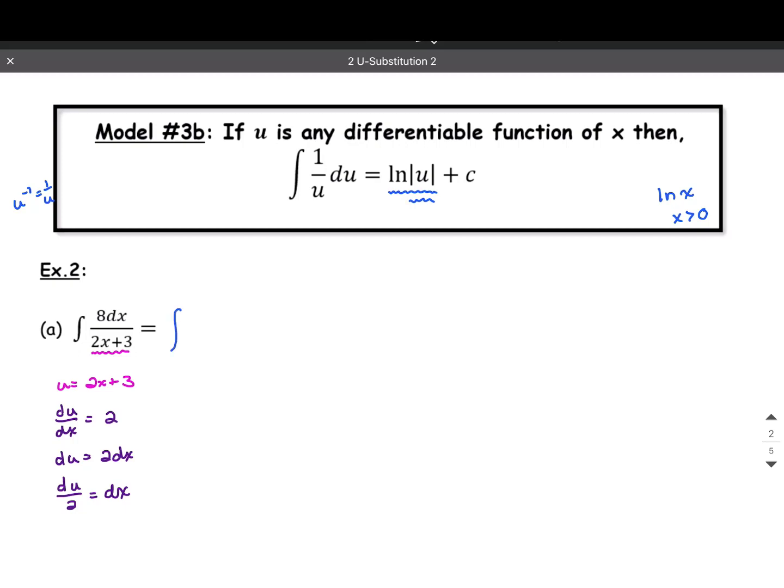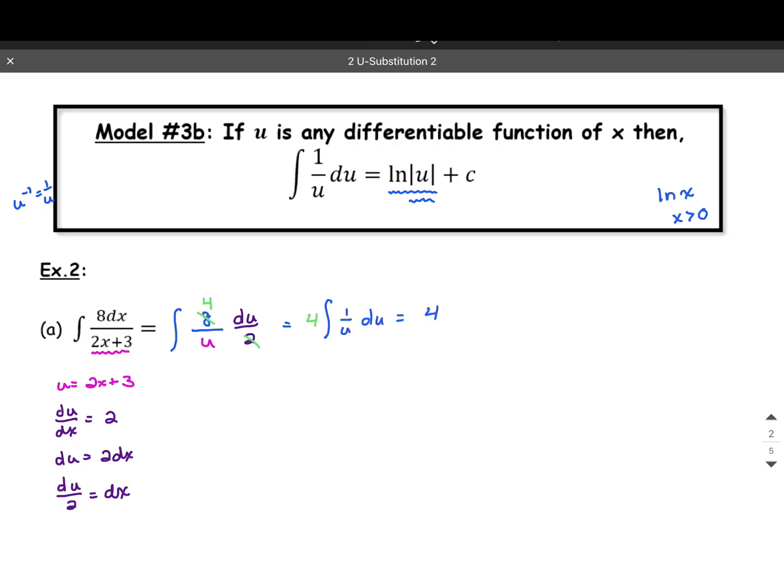I have the integral of 8 over our 2x plus 3, which is u, times our dx, which is du over 2. Now we can simplify this 8 and this 2. 2 goes into 8 4 times. And 4 is a constant, so that can factor outside of our integral. So we have 4 times the integral, and what's left is 1 over u du.